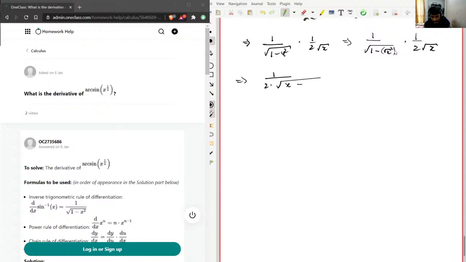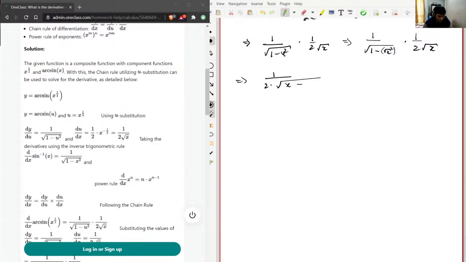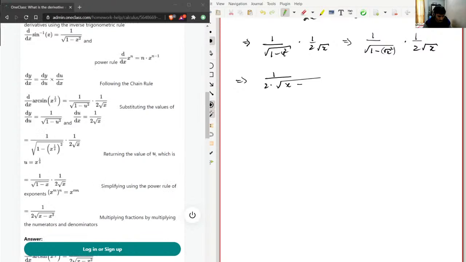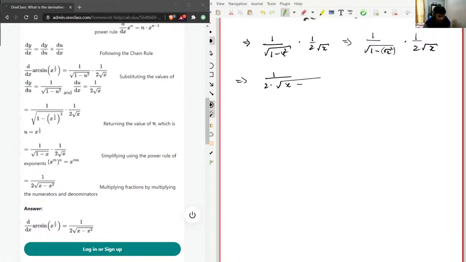Just a minute, I just need to check this. 2 root x is square, so this will become x, and square root of x will be multiplied with this one also.